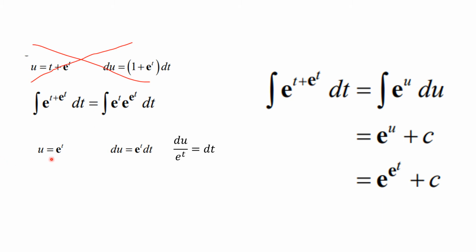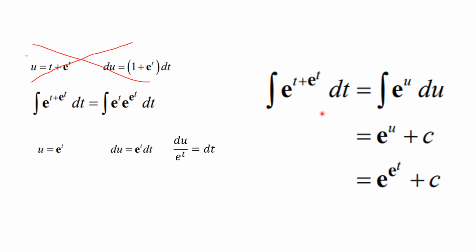So you see, if I let u be e to the t, then du is going to be e to the t dt, and if I solve that for dt, I will have du over e to the t. Now you see, if I put this in for dt, this e to the t in the denominator will cancel with this e to the t in the numerator, and I am calling e to the t u.